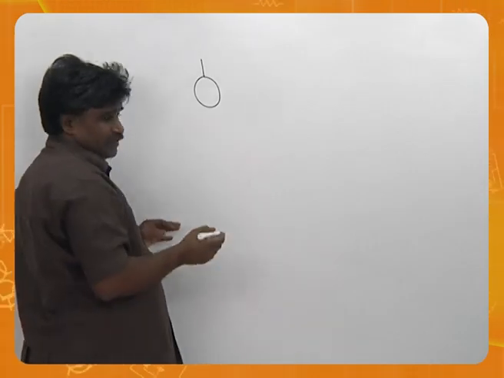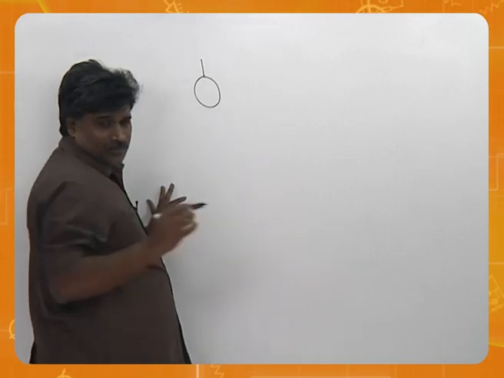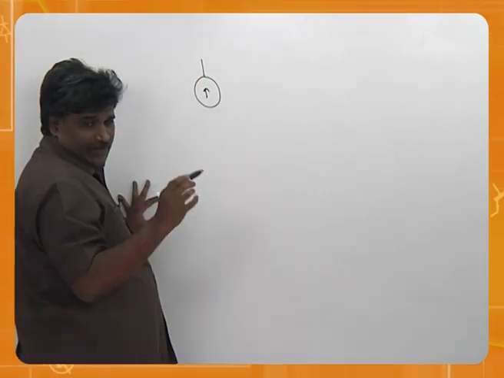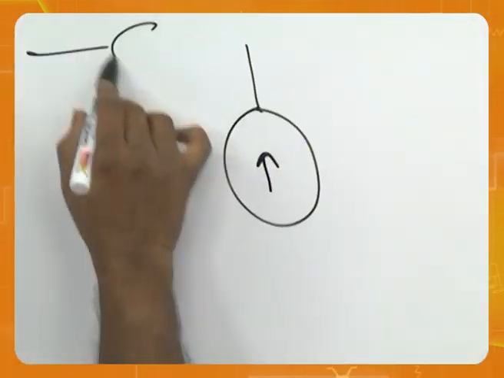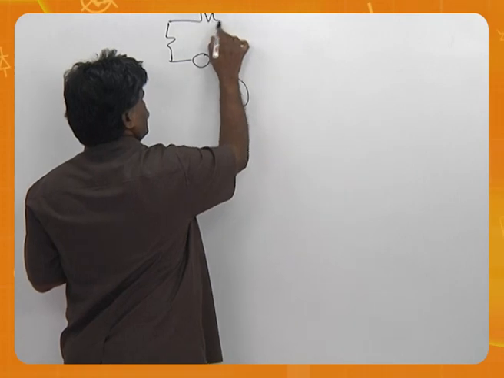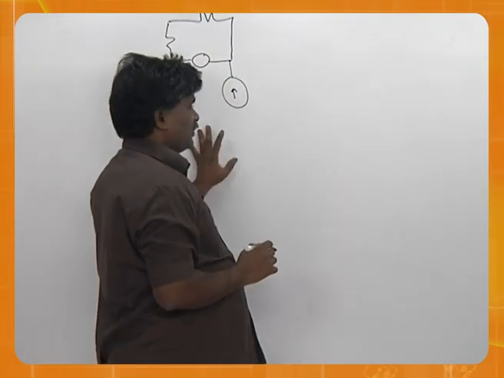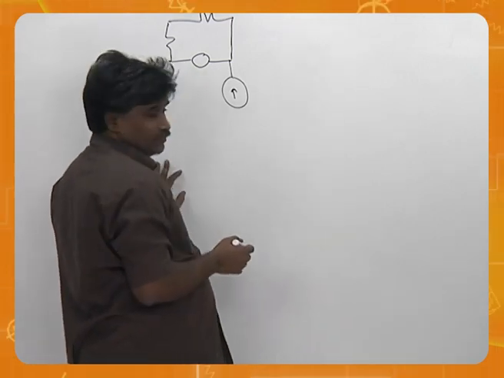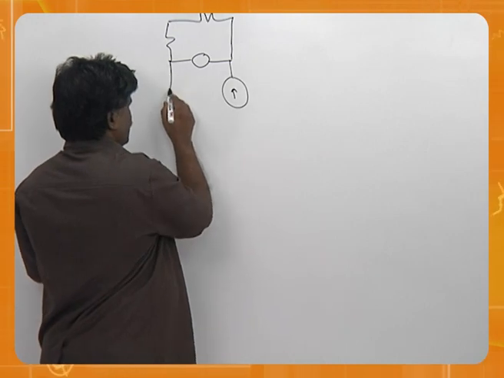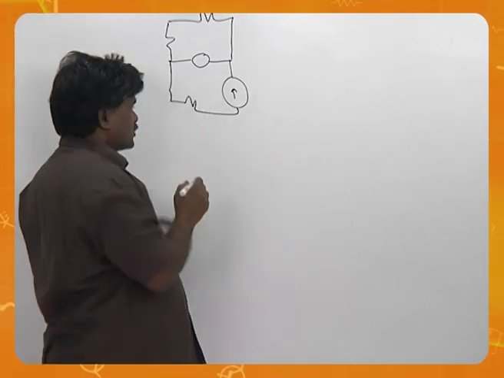The circuit is this. You have one current source given to us, and then another current source given to us. Then you have a resistor, and if you connect that one here, there is another resistor also there.